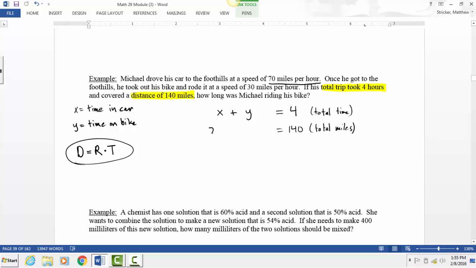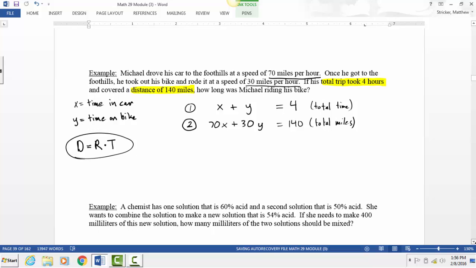So 70 miles per hour times the time in the car, x hours, plus the time on the bike at 30 miles per hour, so 30 miles per hour times y hours. That should equal a total of 140 miles. That's equation 1. And equation 2, again, you can solve this in whatever method you choose.